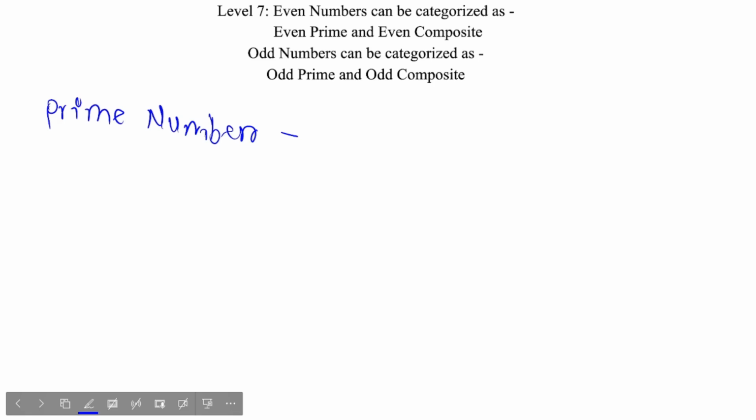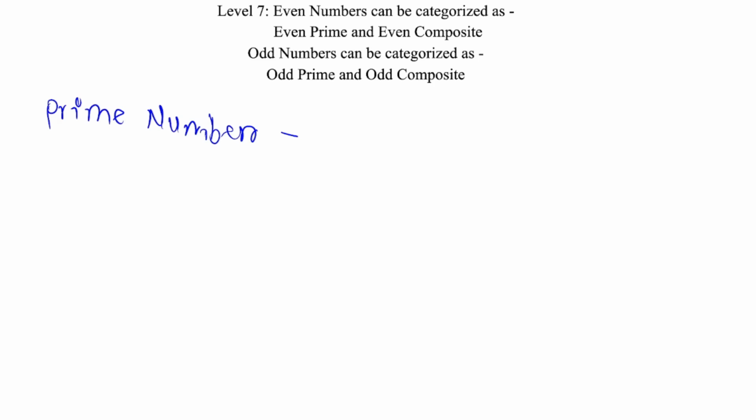What is a prime number? As we saw, even numbers are divisible by 2, by 1 and by itself. Odd numbers are divisible by 2 but not providing an integer, so not completely divisible by 2, and are divisible by odd numbers and itself. Likewise, a prime number has its own definition.